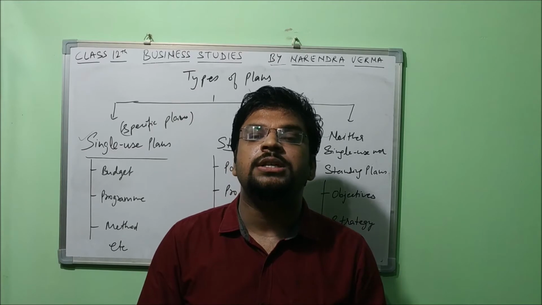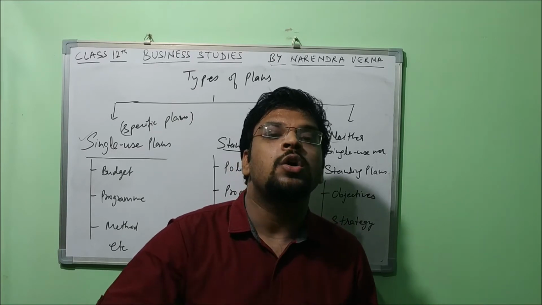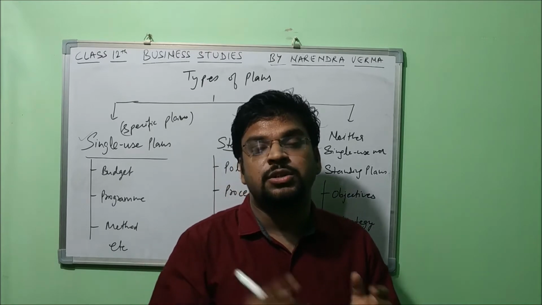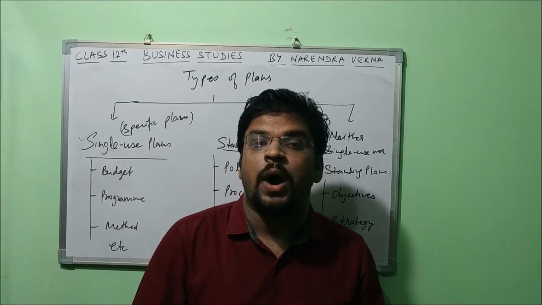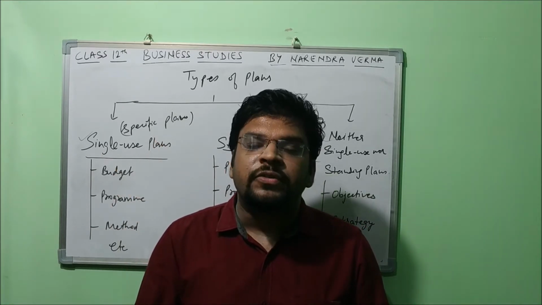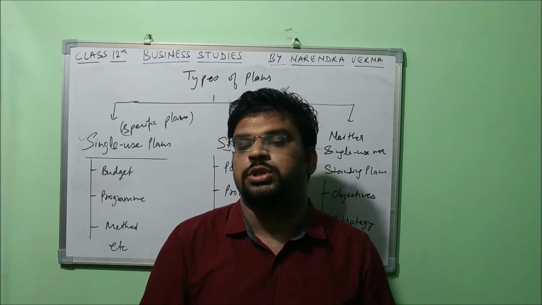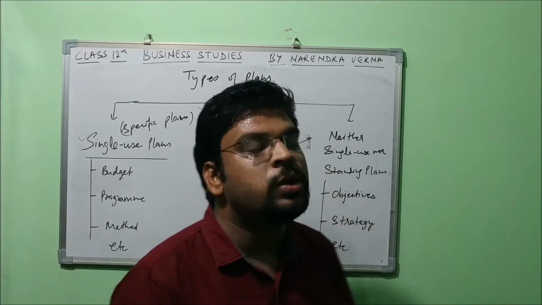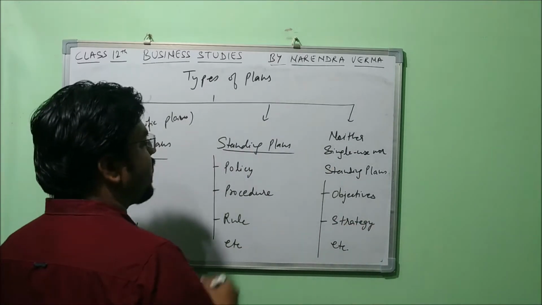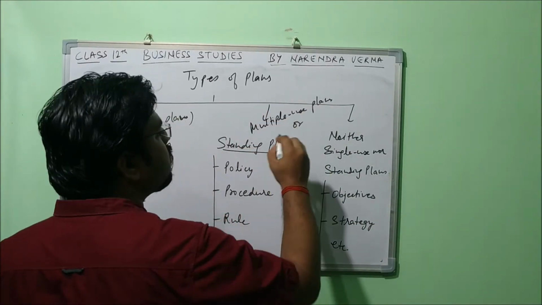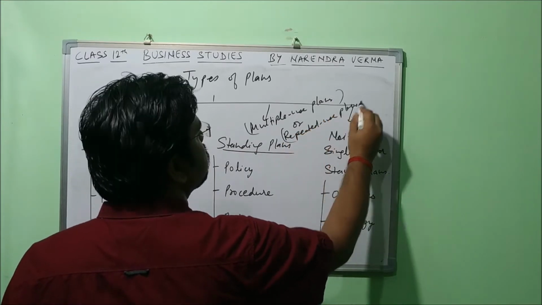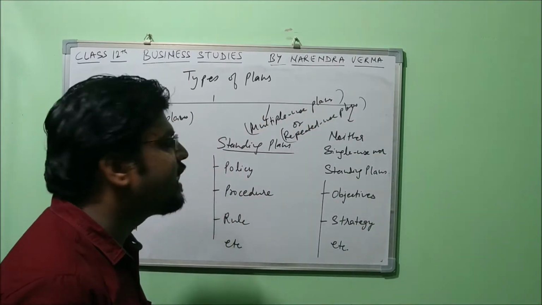So these are there for a long period, and these are more stable in comparison to single use plans. Why? Because for various purposes these are used. That is why these are also known as multiple use plans, or we can call them repeated use plans. So these are the other two names of these standing plans.